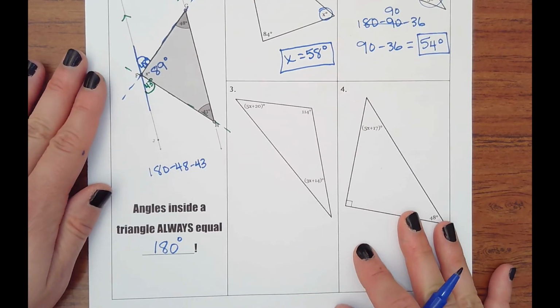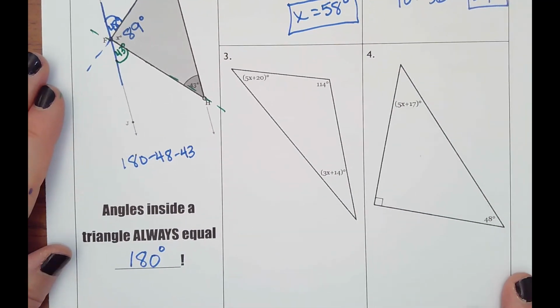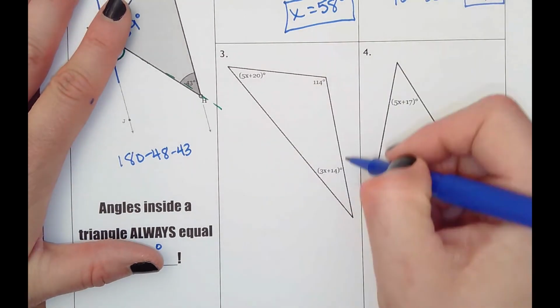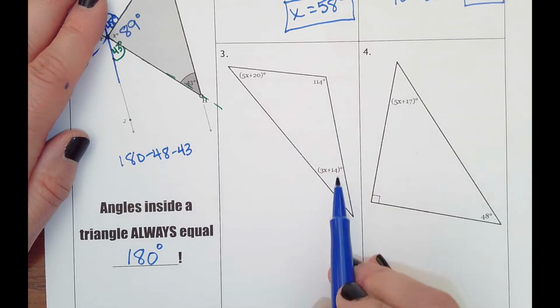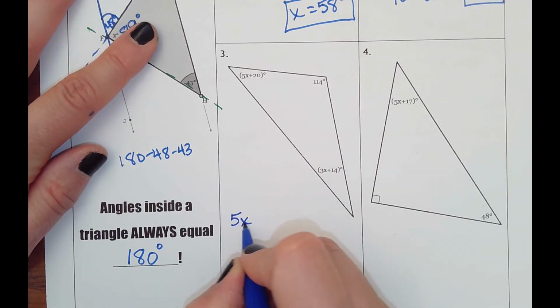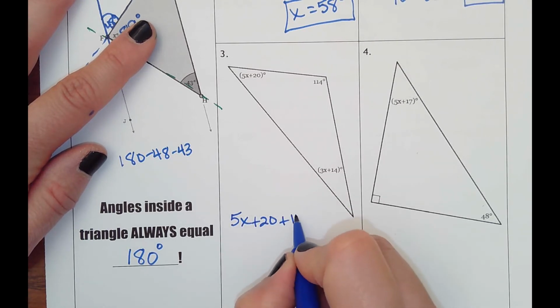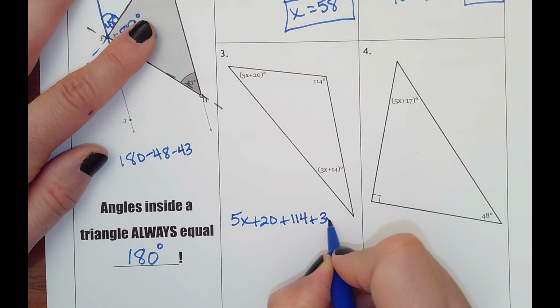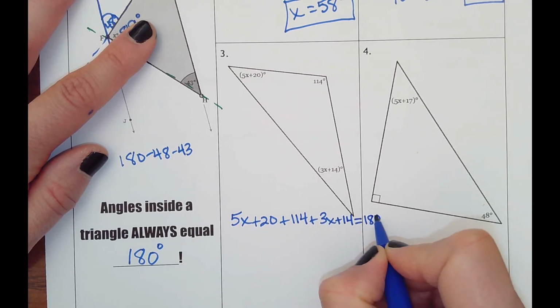Then we get into some algebra. We'll zoom in just a little bit. And so if these 3 angles need to add to make 180, I'll take the expressions and add them all up, set them equal to 180, and solve for x. So I have 5x plus 20 degrees, plus the 114, plus 3x plus 14 degrees needs to equal 180 degrees.